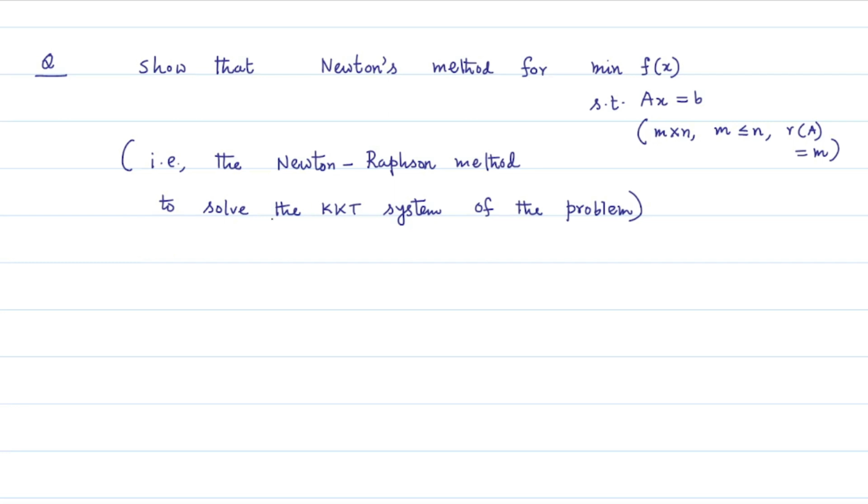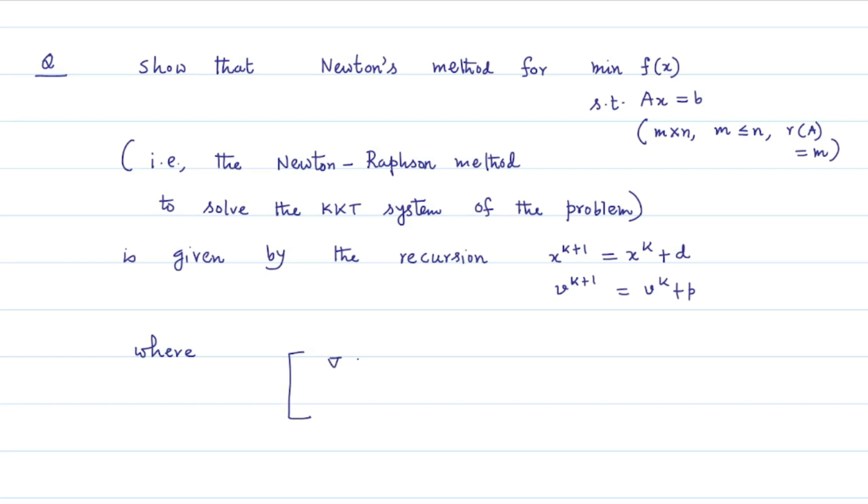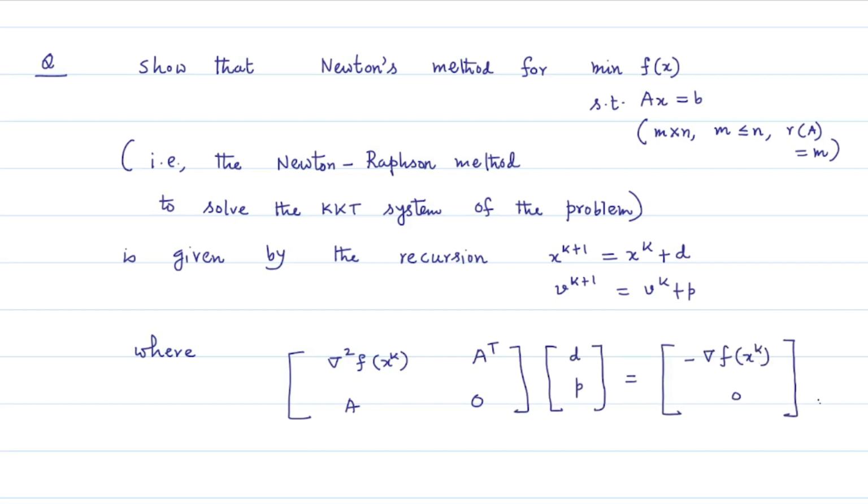So this Newton-Raphson method to solve this KKT system of the problem is given by the recursive formula x k plus 1 is equal to x k plus d, and v k plus 1 is equal to v k plus p, where d and p are solutions of this equation.